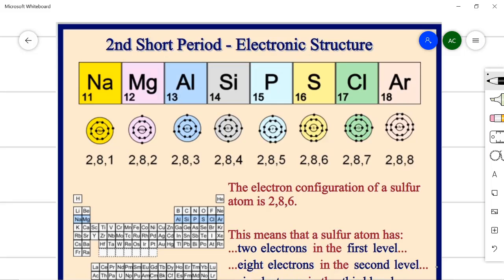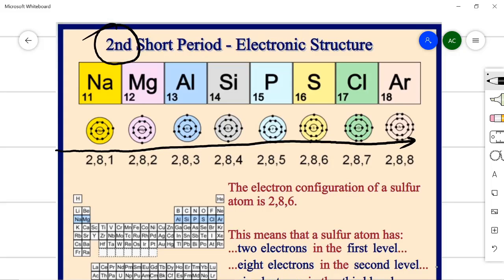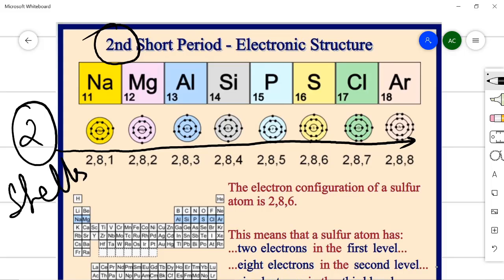Now comes the period. You can see the number of shells remains the same in a period. We are talking about the second period here. And the number of shells depends on the period: if it is the second period it will have 2 shells, if it is the third period it will have 3 shells, the 4th period 4 shells, the 5th period 5 shells, and so on.